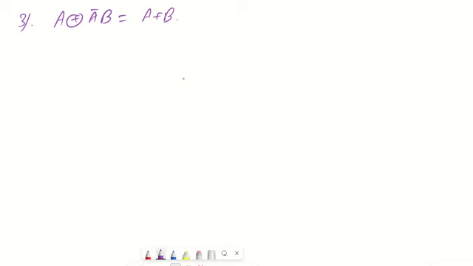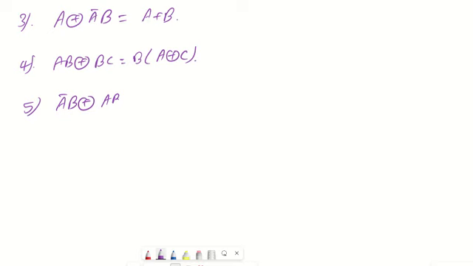Now the fourth one, AB XOR BC. This is going to give B times A XOR C, so B can be taken common. Understood? And the fifth one, you can say A bar B XOR AB bar.